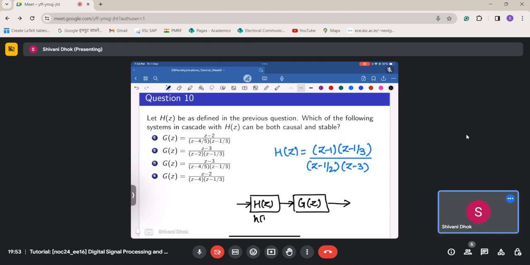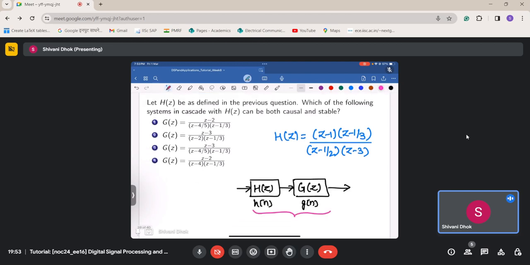This is h[n], this is g[n], and we know from the properties of convolution that this equivalent system will have impulse response h[n] convolved with g[n], which means that it will have the z-transform H(z) times G(z). So this cascade is equivalent to a system with system response H(z) G(z).